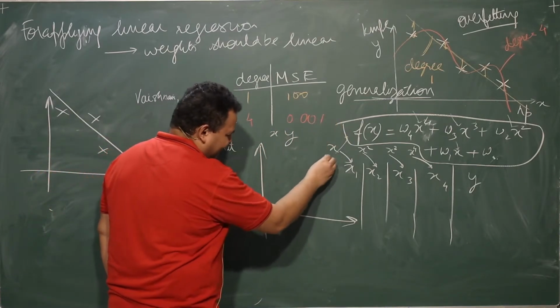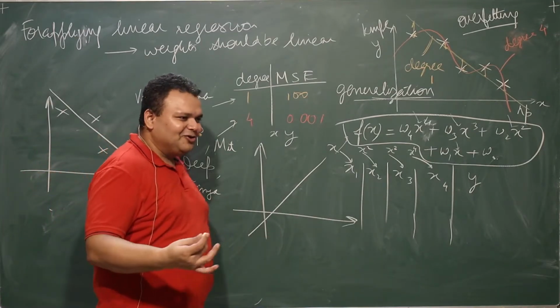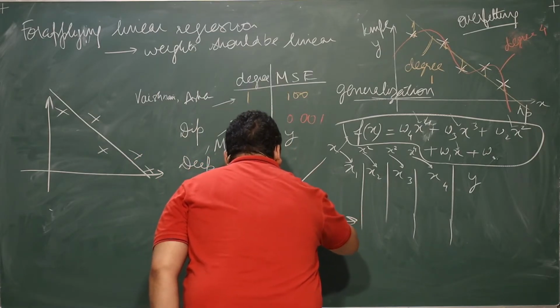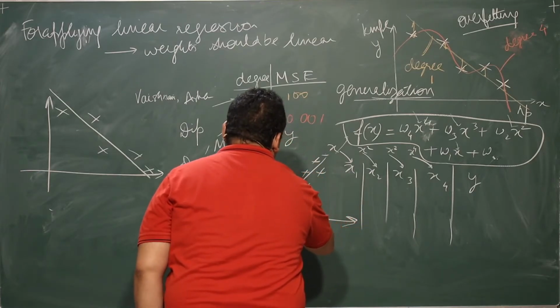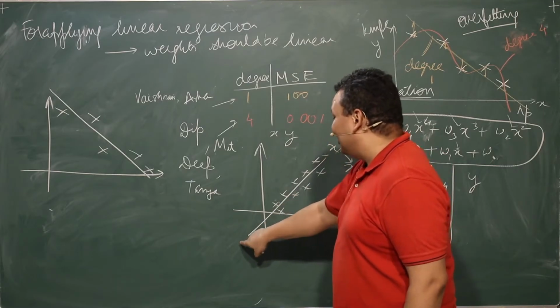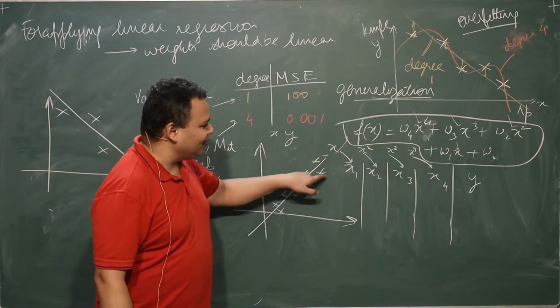It was some line. I gave you a line, and what did I do? I added some random noise to it. This is how it looked like. These were the points that were given to you, but the real relation was this straight line, and I added some noise to it.